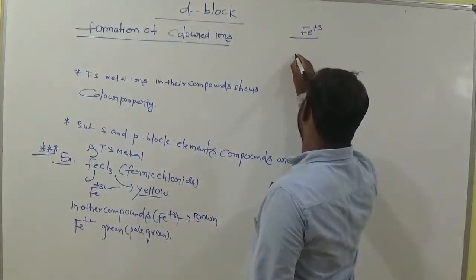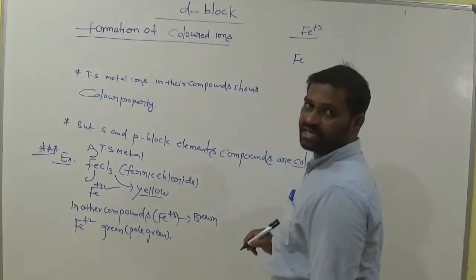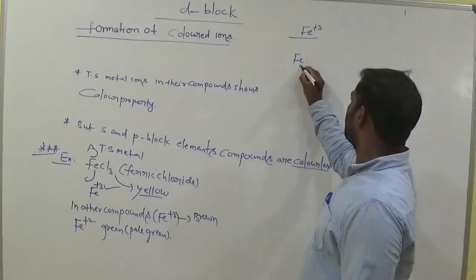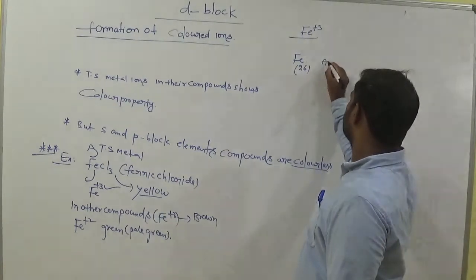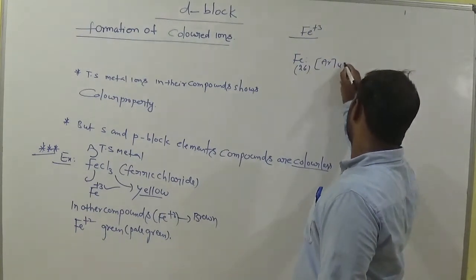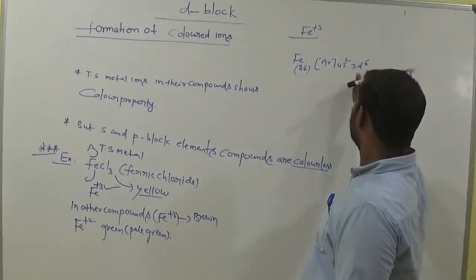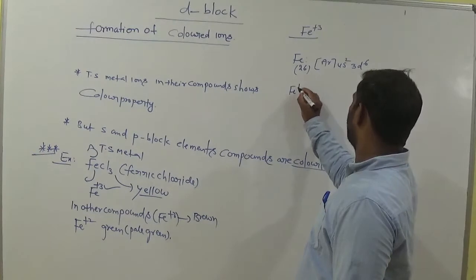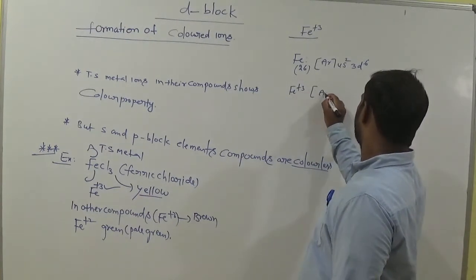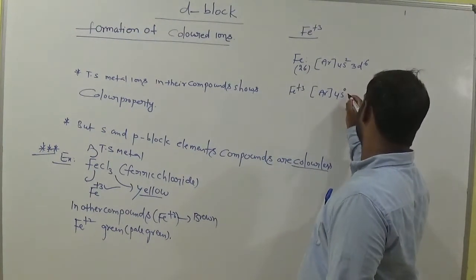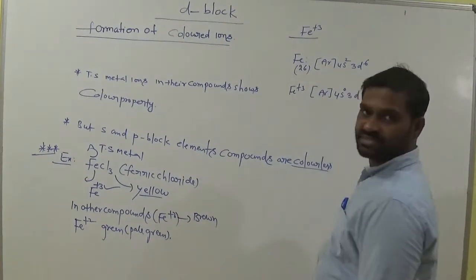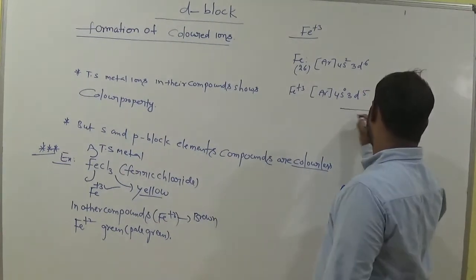Before that we have to write the electronic configuration of iron. What is the atomic number? 26. That means argon 4s2 3d6, you know very well. 18 plus 2 is 20, plus 6 is 26. Now Fe +3 means argon 4s0 3d5. Am I right? In 3d, how many electrons?